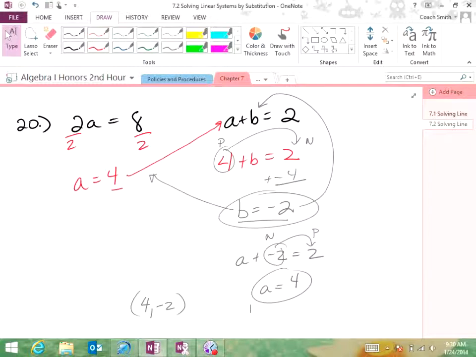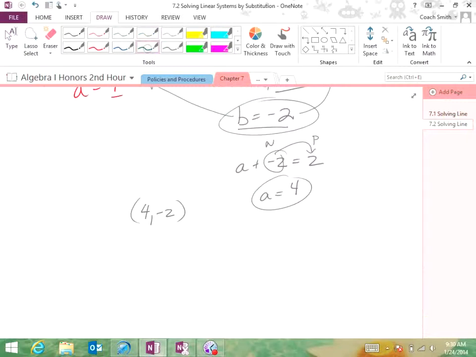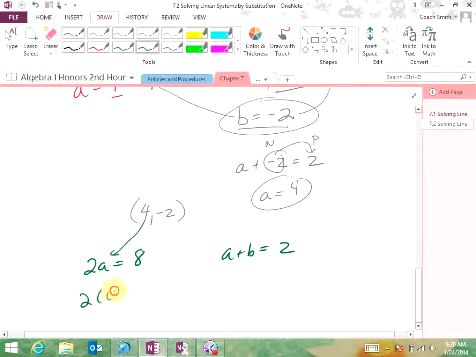Okay? So if I plug this back in to check them, that would be 2a is equal to 8. And then I had a plus b is equal to 2, correct? Okay? So if I plug in the 4 here, that's 2 times 4 equals 8. 8 is equal to 8, so that checks.